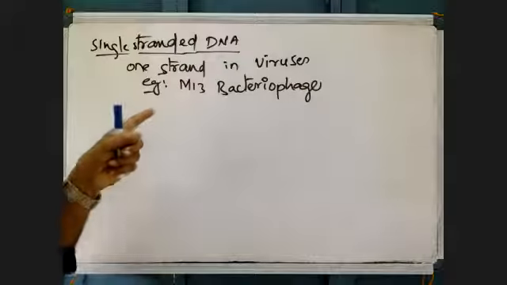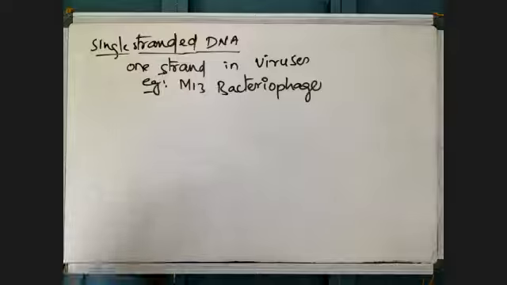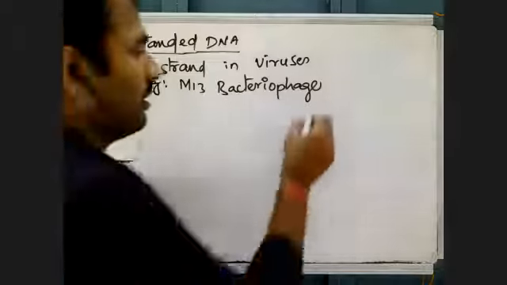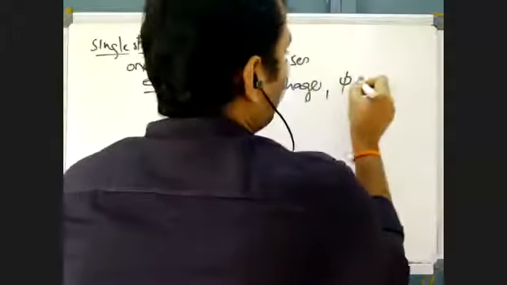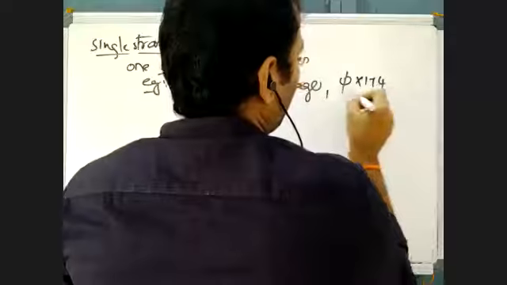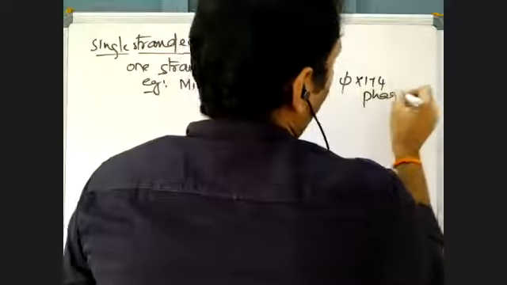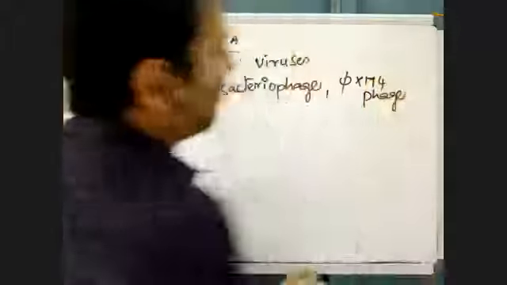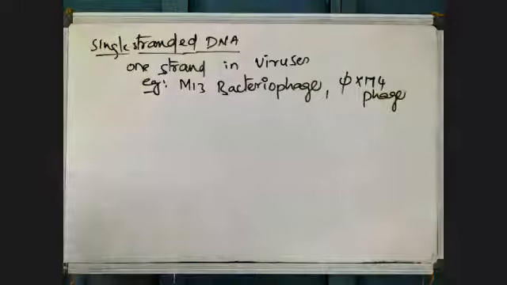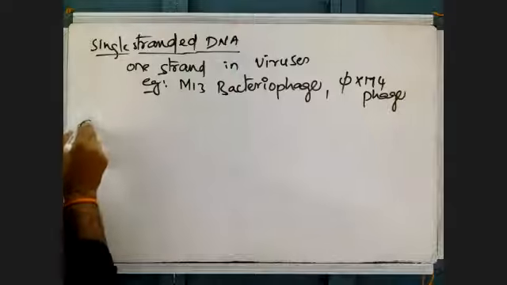In M13 bacteriophage, there is single-stranded DNA as genetic material. And another bacteriophage named phi X174. That phi X174 bacteriophage and M13 bacteriophage have single-stranded DNA.